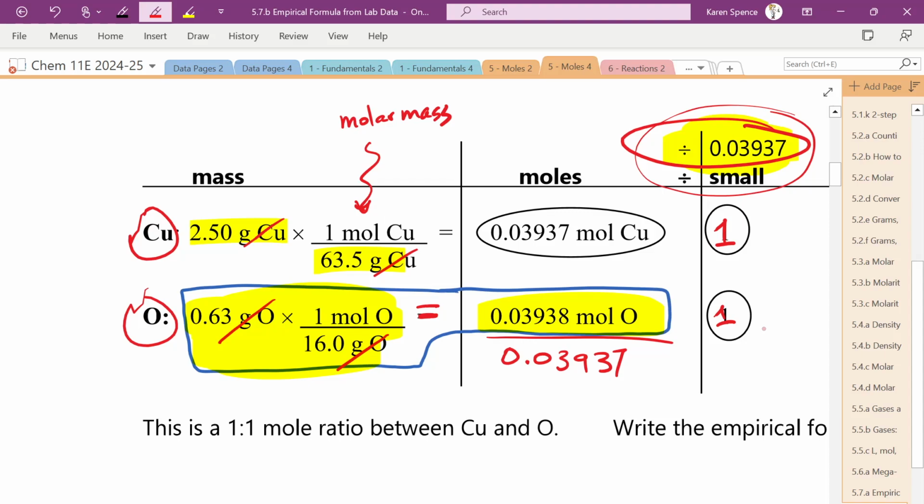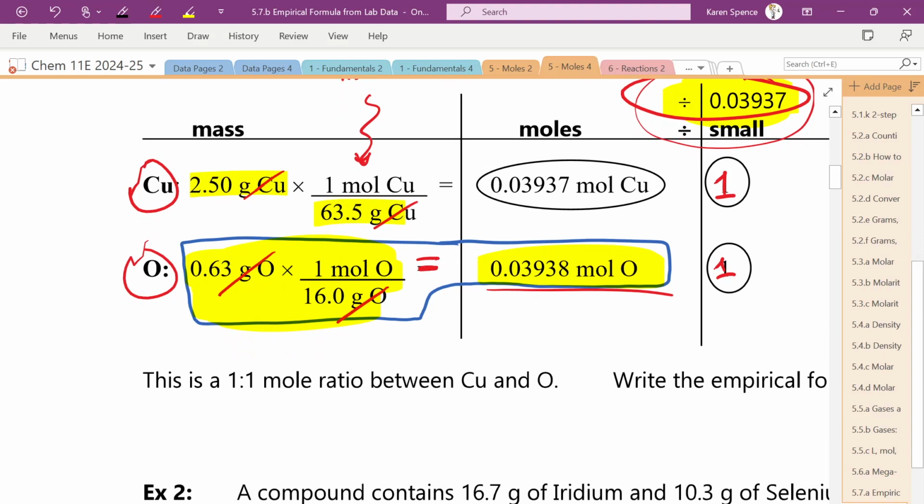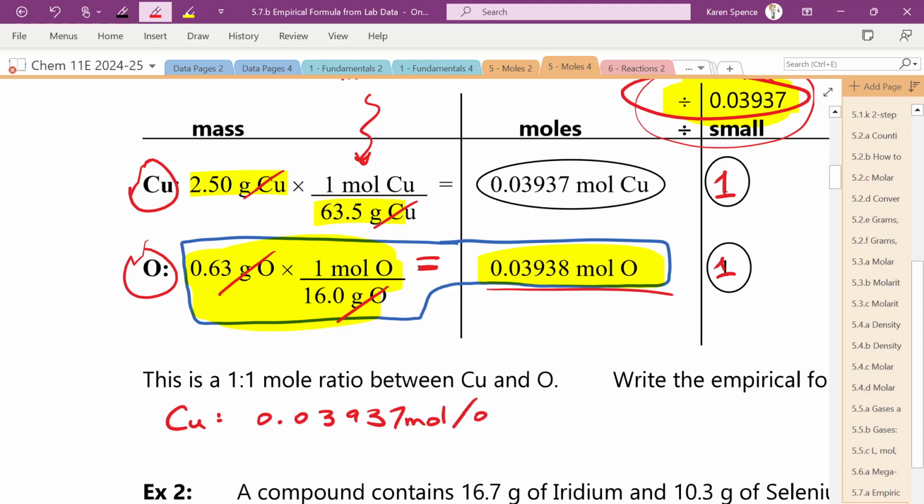Alternately, if you don't want to do that, you can use a separate line and you can be like, okay, I have copper, 0.03937 moles divided by 0.03937 moles is equal to 1.